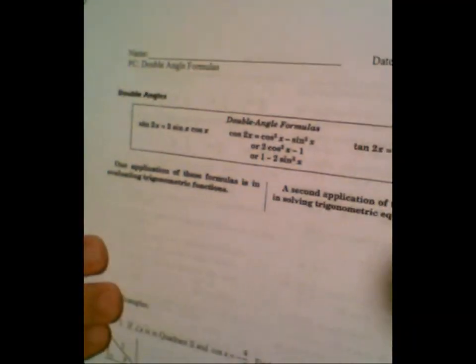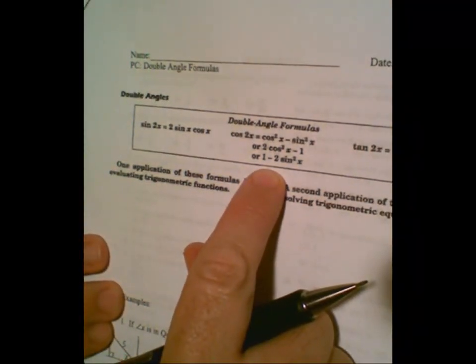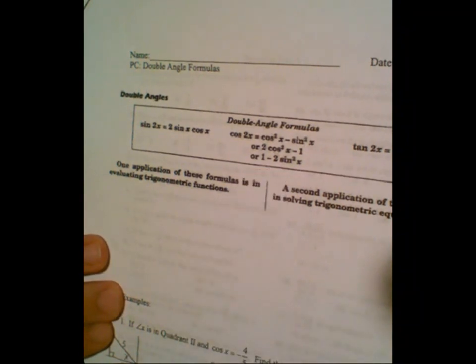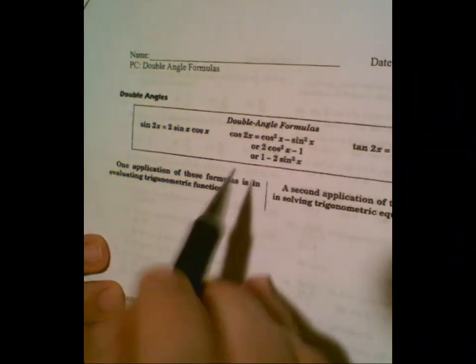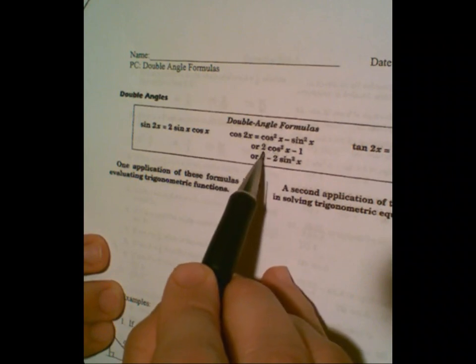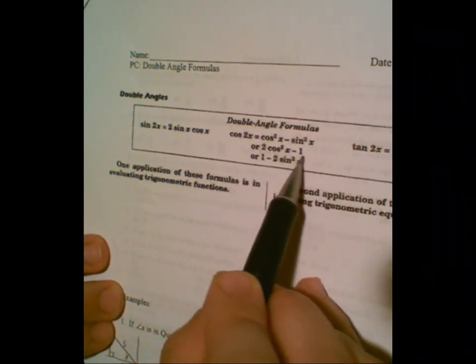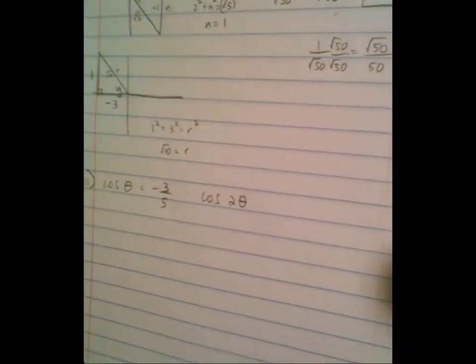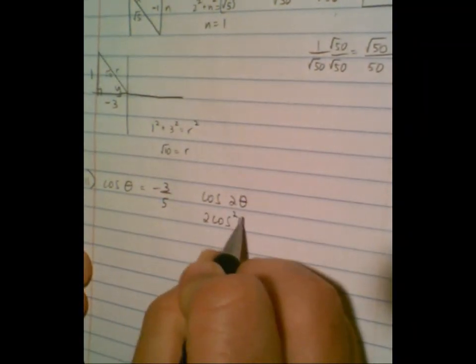So, double angles. When it's cosine of a double angle, you have to choose the one that's right for you. Well, in this case, they told us cosine of theta, that's all we know, so let's use the one with cosine only. 2 cosine squared theta minus 1.